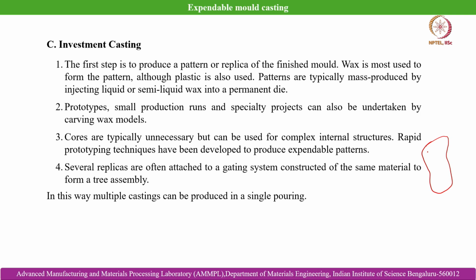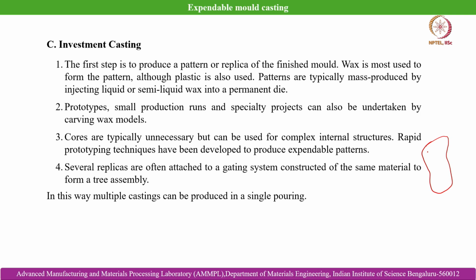However, it is only useful when we are having only a selected number of parts. That means, it is a suitable technique to develop these patterns by additive route when batch production is involved, and when mass production is involved, then it is always better or advisable to go to the injection molding route, polymer injection molding route, to get these patterns made.